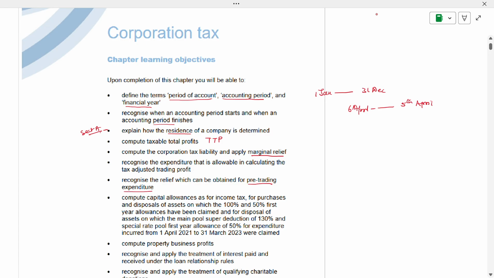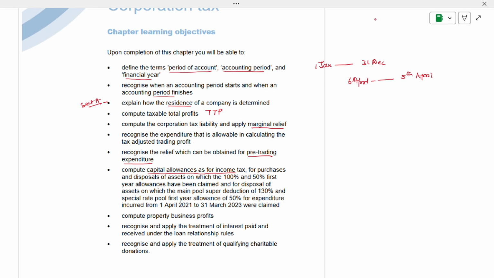Before we start the business, any pre-trading expenses. Now we are going to calculate the same capital allowance as for income tax. Is that for purchase of disposable assets? There will be 100%, there will be 50% first year allowance, and disposal assets on which the main pool.